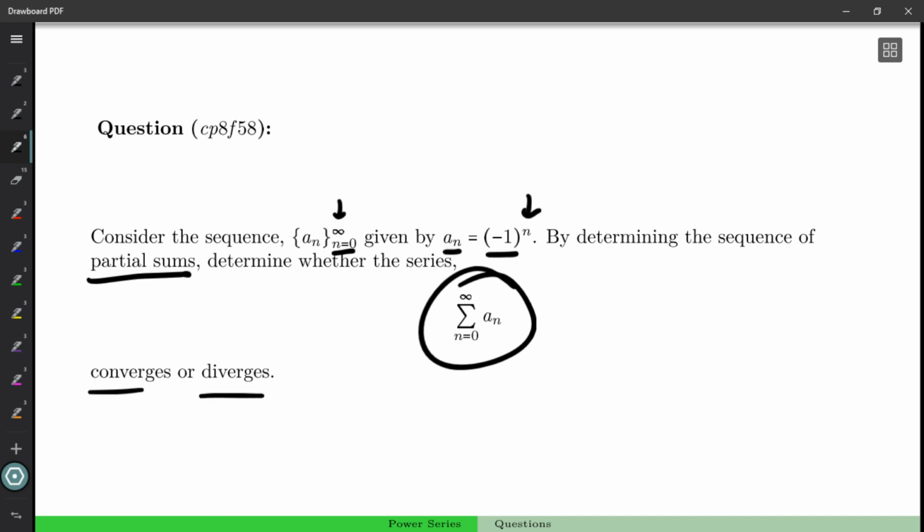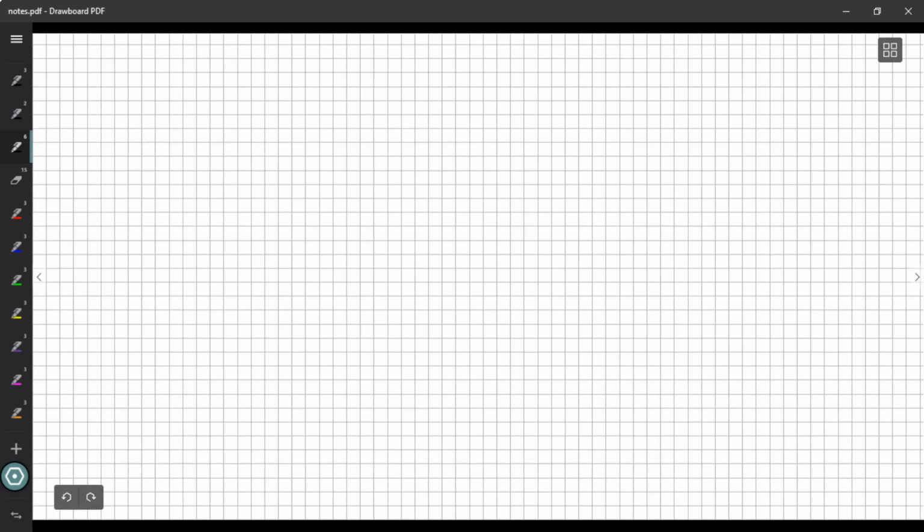Well, let's take a closer look at our sequence. Okay, we start with a0, then a1, then a2, then a3, then a4, and so on. So let's just get a sense of these. It's (-1)^0.